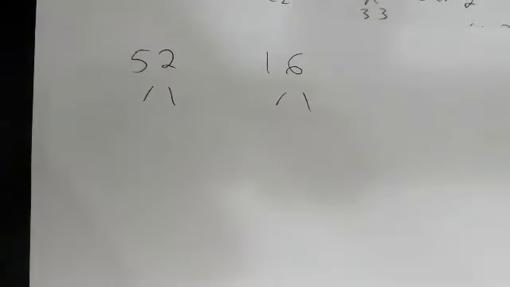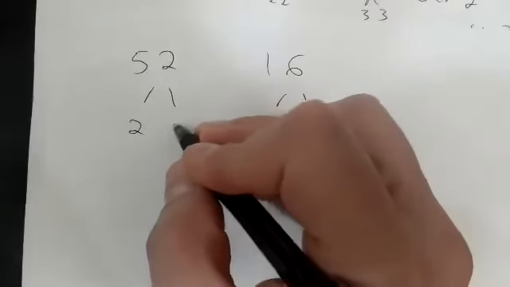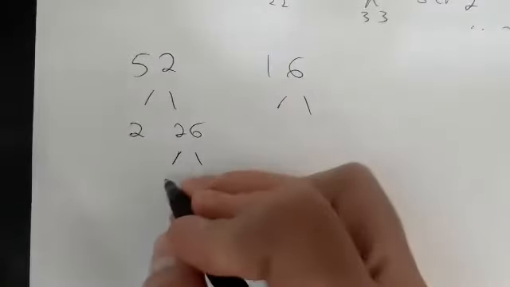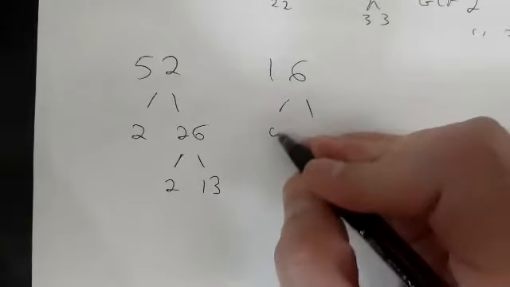So 52 is a larger number. I don't know what would divide it besides maybe like 2 and, what, 26. And if I do 2 and 26, 26 is going to be, what, 2 and 13. And if I do 16, I can do 4 and 4.